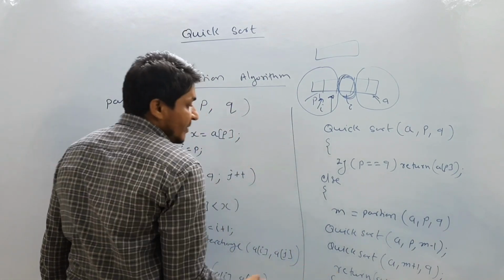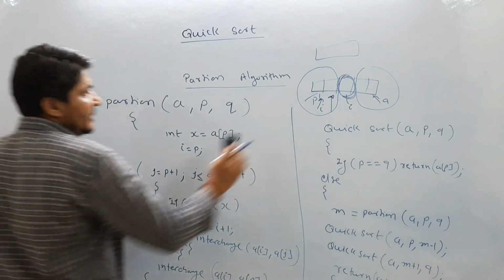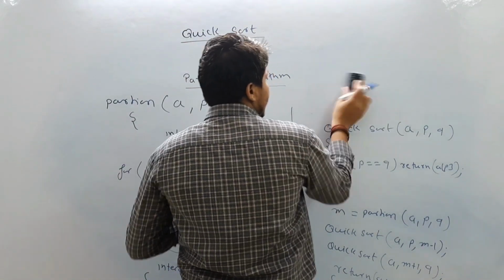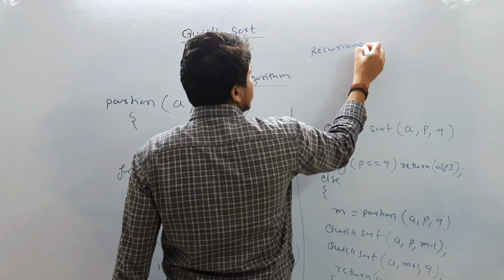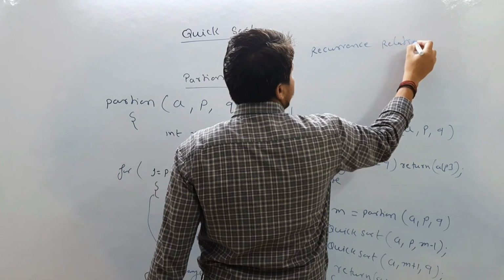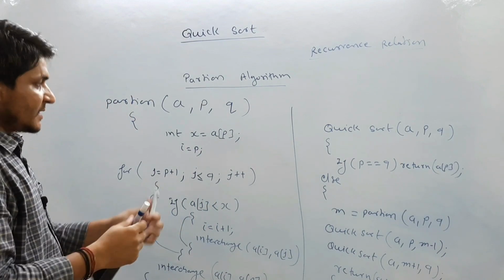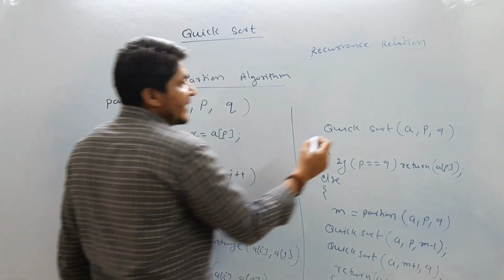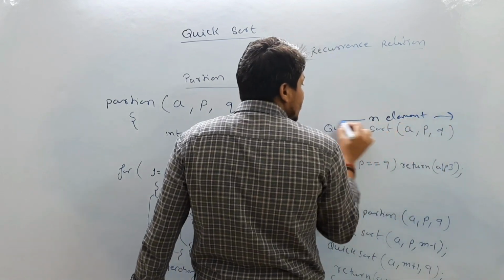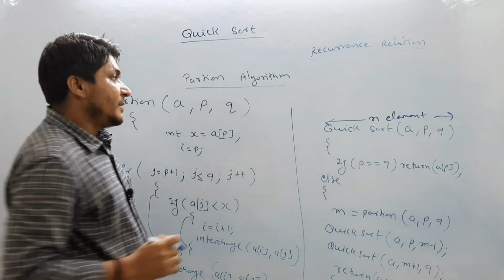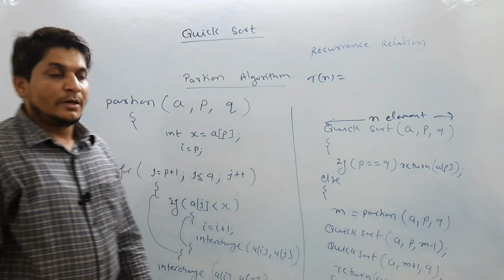So this is the implementation of quicksort. Let us try to write the recurrence relation for quicksort. Let's say there are n elements in the array, and quicksort takes T of n time to sort the n elements.